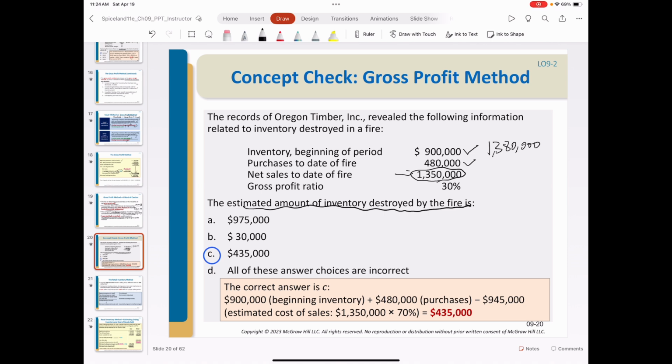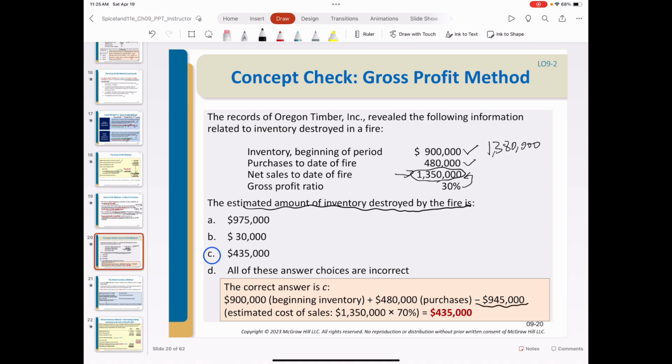Since these goods are sold, the fire has no impact on these goods. So we can use the sales subtract gross profit, which is the product of gross margin and sales, to estimate the cost of goods sold. And then the difference will be the ending balance of inventory that was destroyed in the fire.